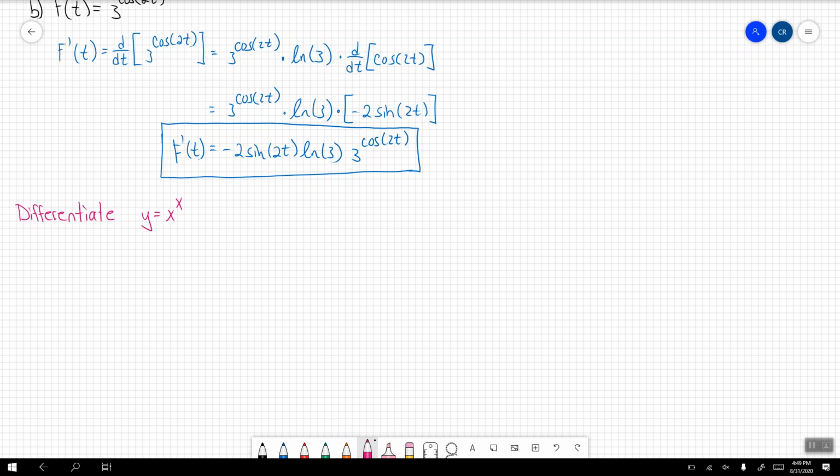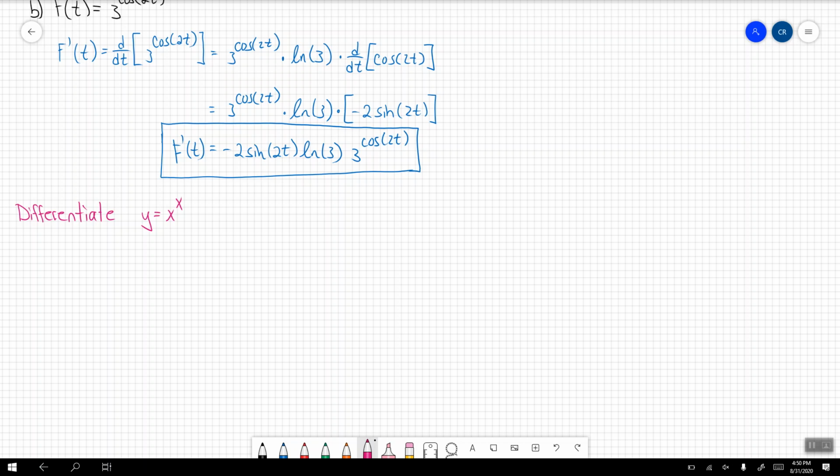Notice we have x to the power of x, so one of the things that we can look at is possibly a power rule, but the power rule only works when your exponent is a constant, not a variable. And so then we can say, well, maybe we can use an exponential differentiation, but exponential differentiation only works when your base is a constant. And in this case, both the base and the exponent are variables, which are going to be kind of difficult to work with.